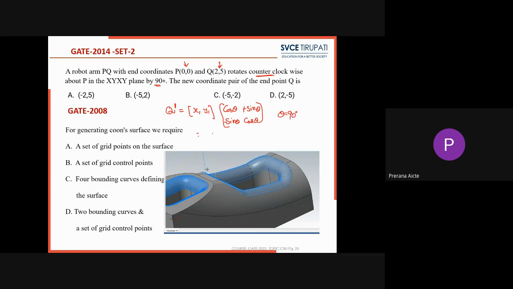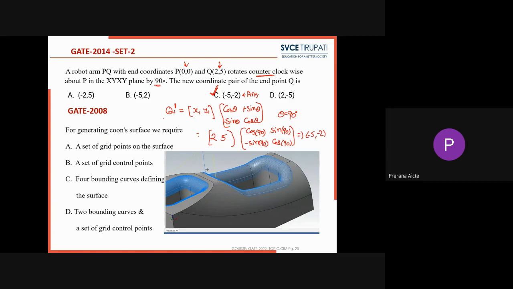Substituting the coordinates 2, 5, with cos 90, sin 90, minus sin 90, cos 90, the answer is minus 5 comma minus 2. So this is the particular answer: minus 5, minus 2.